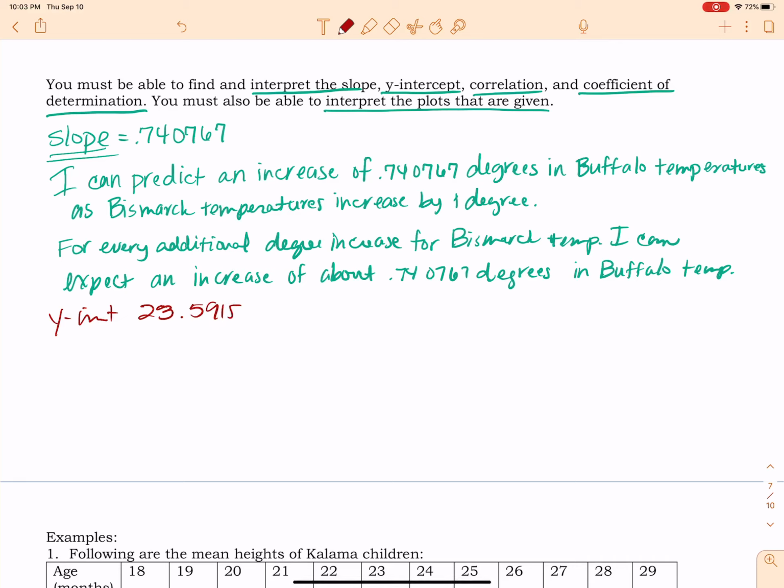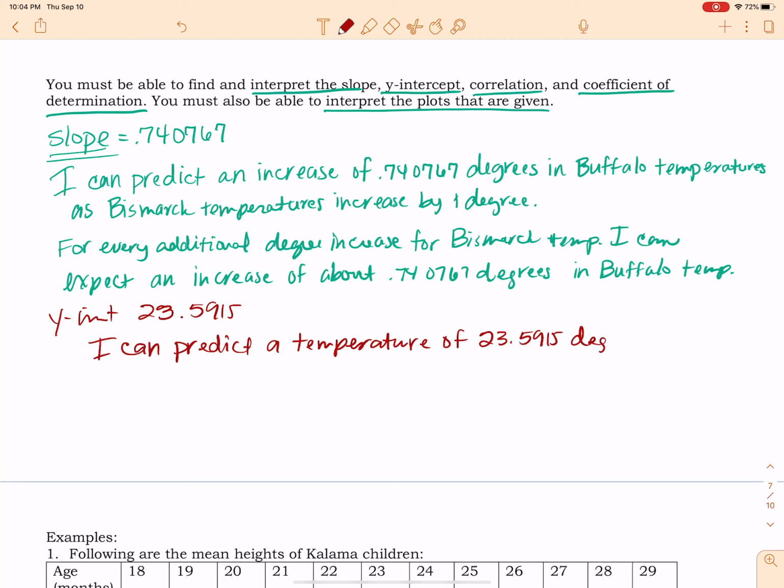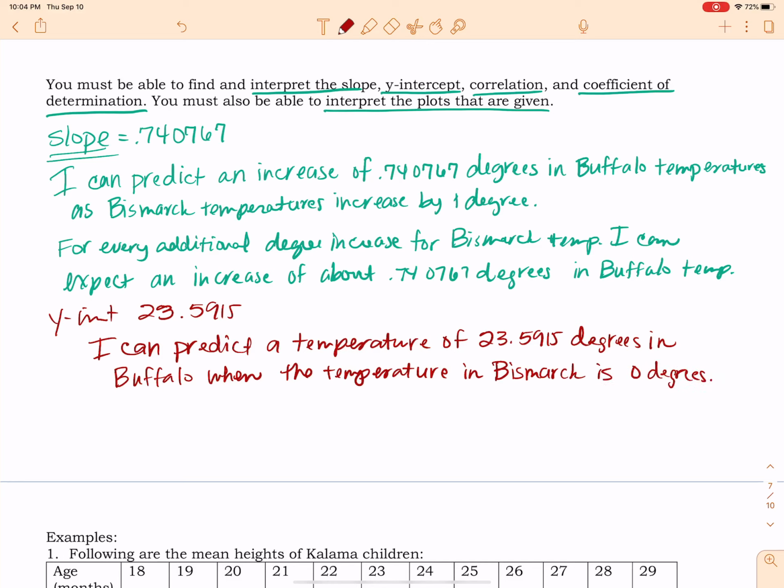What does that mean? Well, that means that I can predict a temperature of 23.5915 degrees in Buffalo when the temperature in Bismarck is 0 degrees, okay?